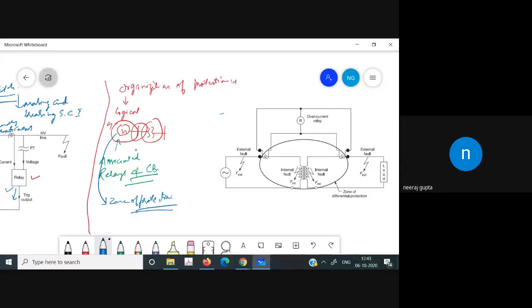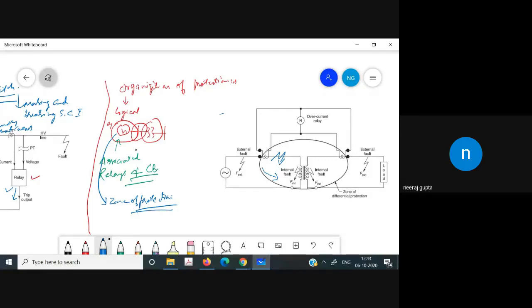This whole ring is known as the zone of protection, and the ideal protection system should detect the faults within that zone only, inside the zone. It will not detect the faults which are outside the zone.